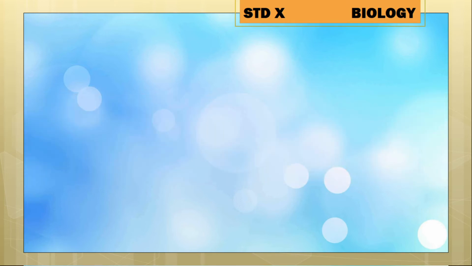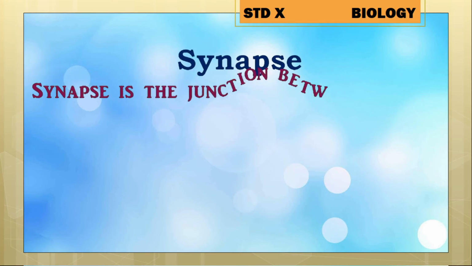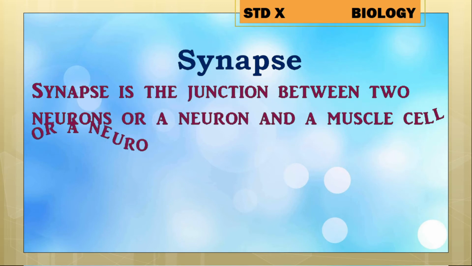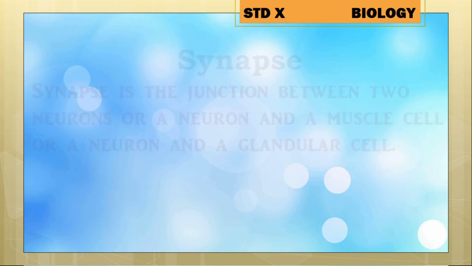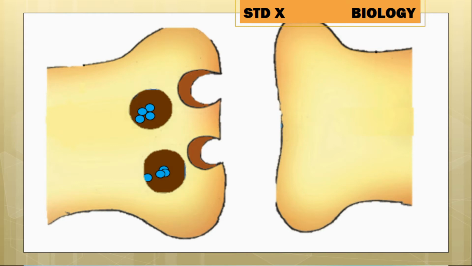So what do you mean by synapse? Synapse is the junction between two neurons or a neuron and a muscle cell or a neuron and a glandular cell. When electric impulse from the axon reaches the synaptic node, certain chemical substances are secreted from there to the synaptic cleft.